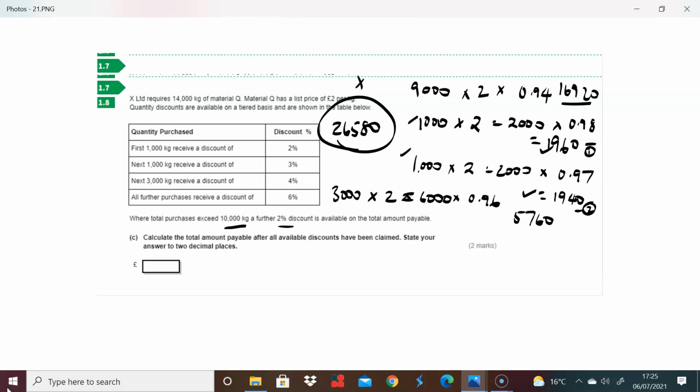So you're only taking 98% of this. Of course, it's 0.98, which is equal to 26,048.40. And that's what's happening with that one. That's the first point. Cool.